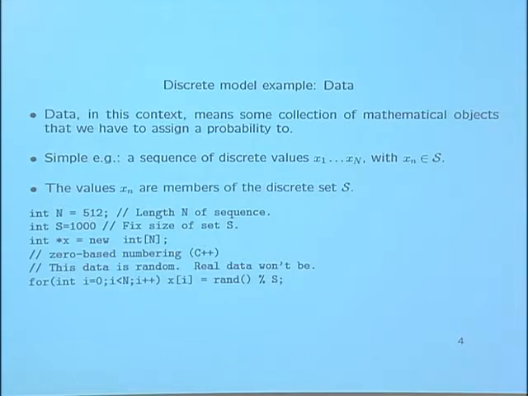So for instance, we could have n be 512 values, and then S could have size 1000. And then this code is just initializing these 512 values to random things. This is just to make it concrete. There's really nothing going on here.